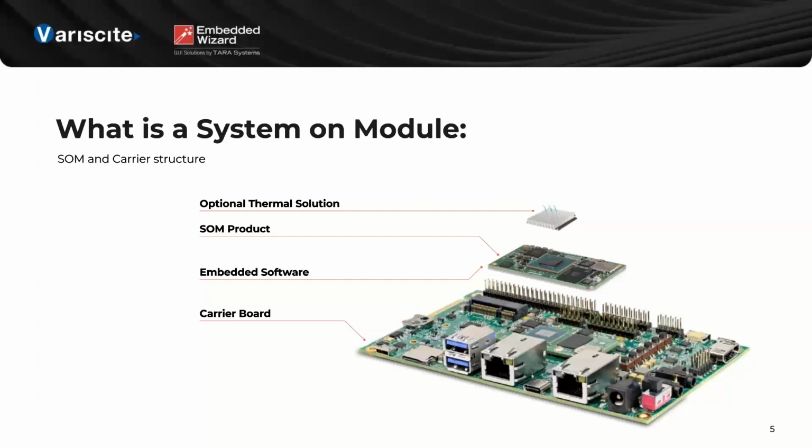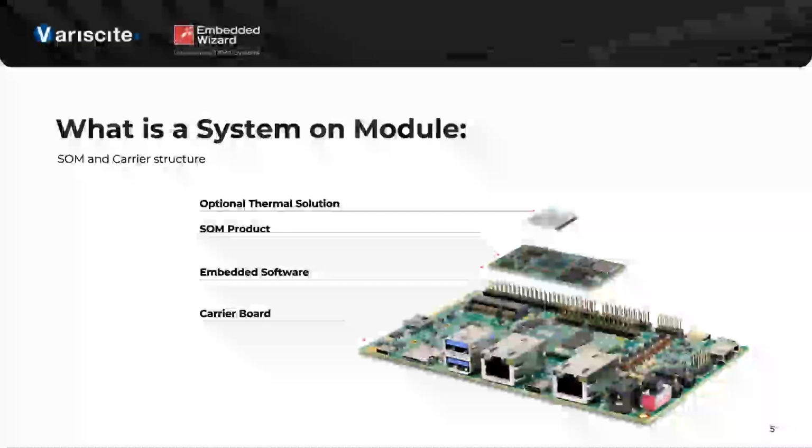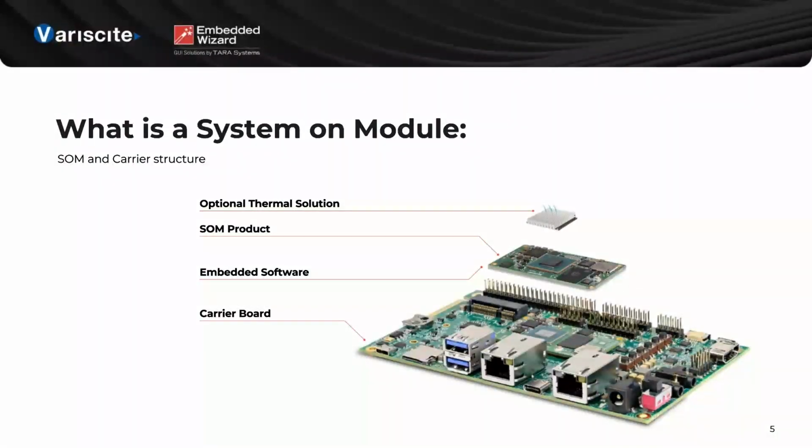We provide free of charge the embedded software that can be used to test the SOM itself, and we also provide the carrier already tested. The sheet and the schematics of this carrier are completely free and available for the customer in order to quickly go to production.